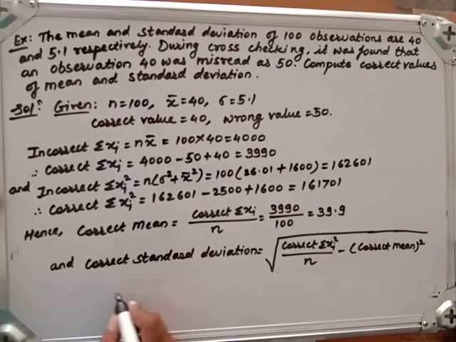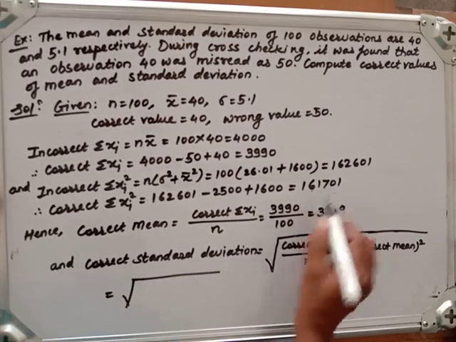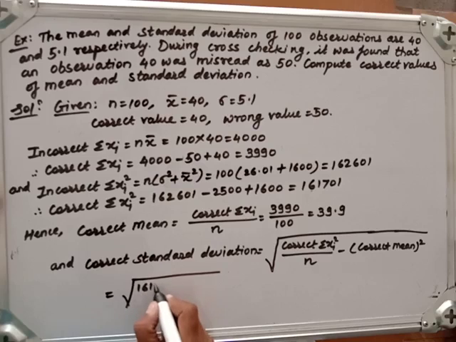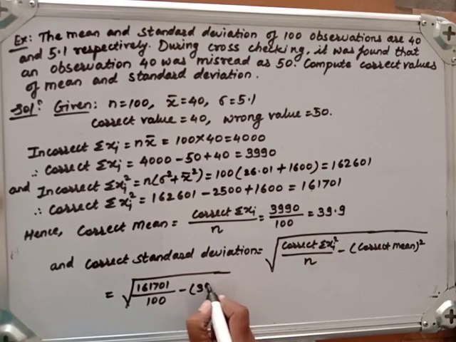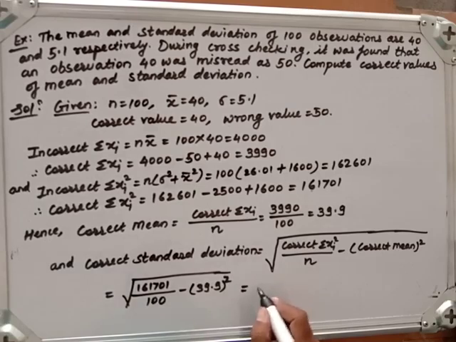So this is under root 1,61,701 upon n, that means 100, minus the correct mean 39.9, its square. This simplification gives 5.